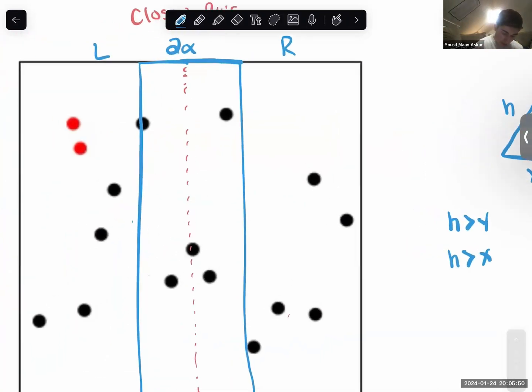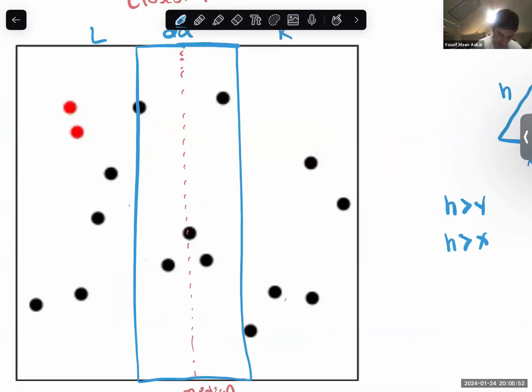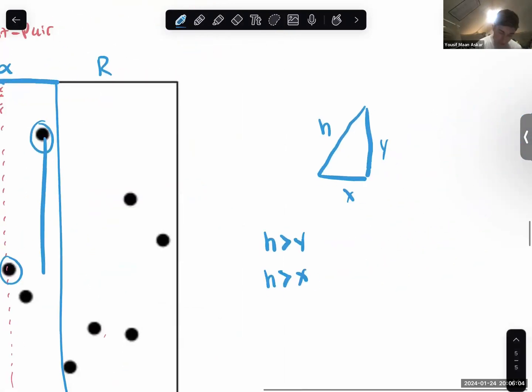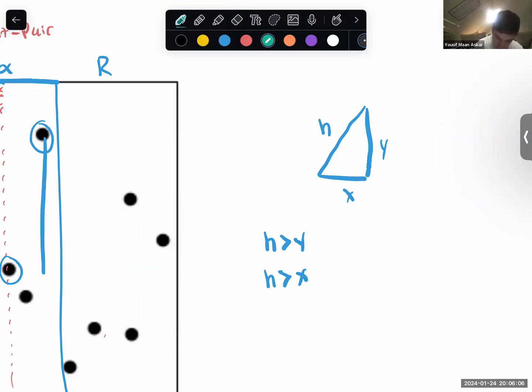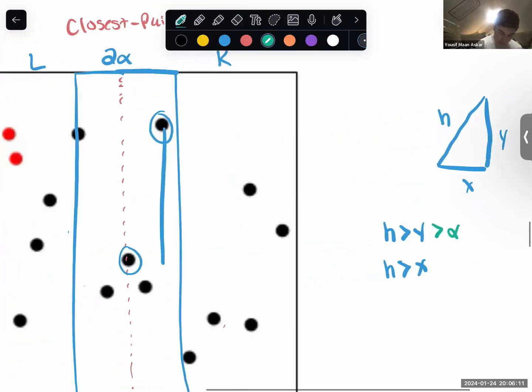This is just a fundamental understanding of triangles. That means that if we're comparing 2 points, for example, these 2 points right here, and their distance in the y direction is greater than alpha, then their distance, in orange, also has to be greater than alpha.